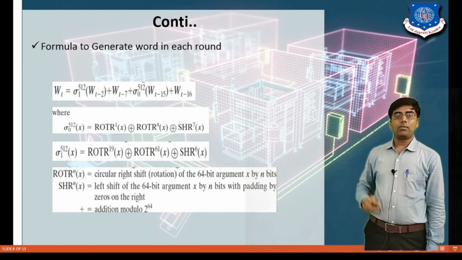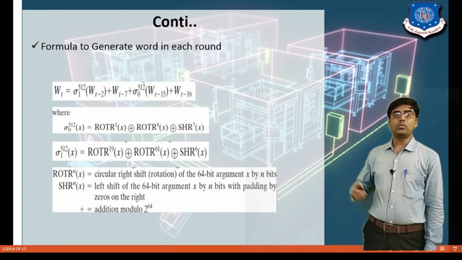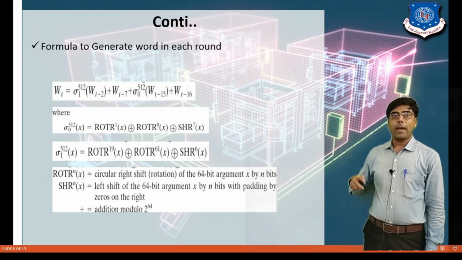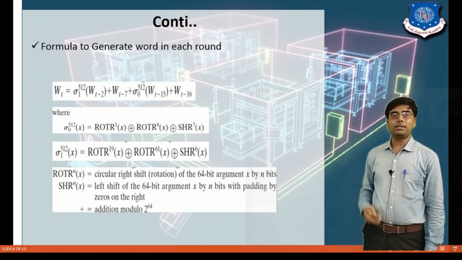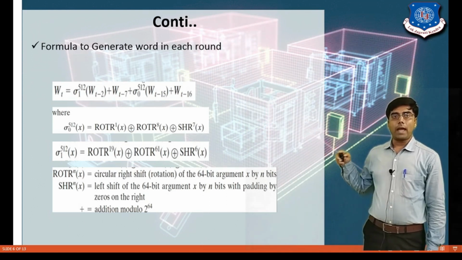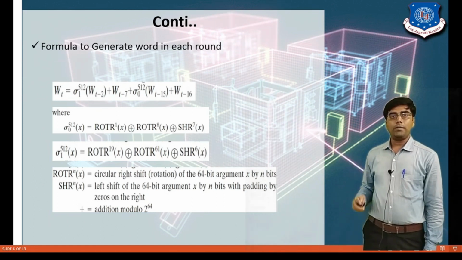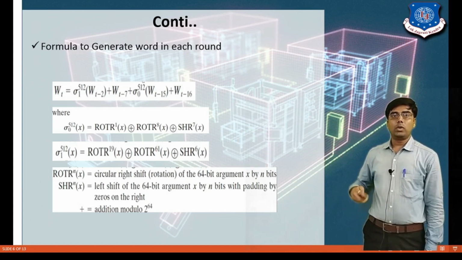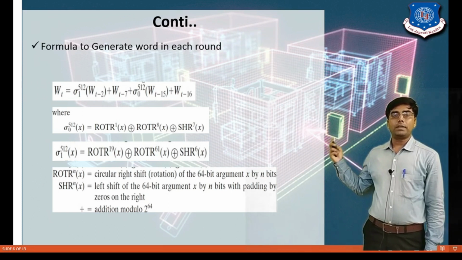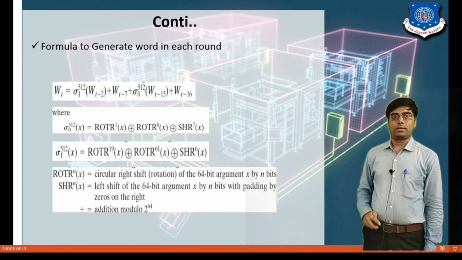So the first equation, ROTR raised to 1 inside bracket x, means apply a circular right shift of 1 bit on the given word x, then XOR the rotation of 8 bits of the given word x, then XOR the shift of 7 bits of the given word x.